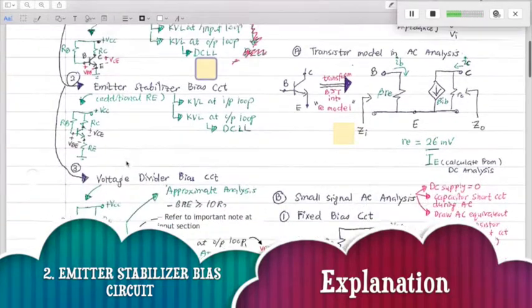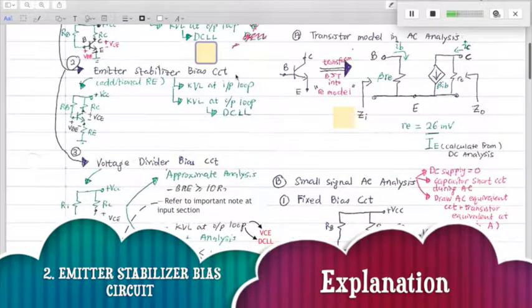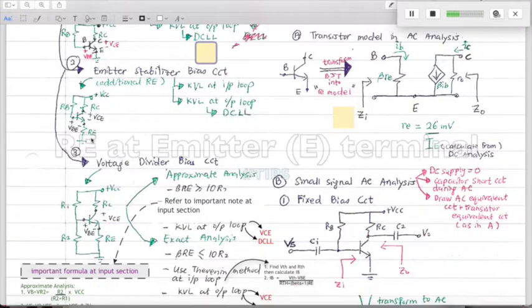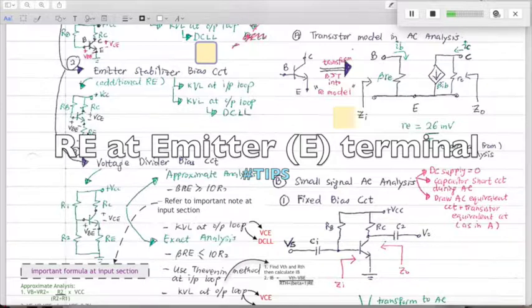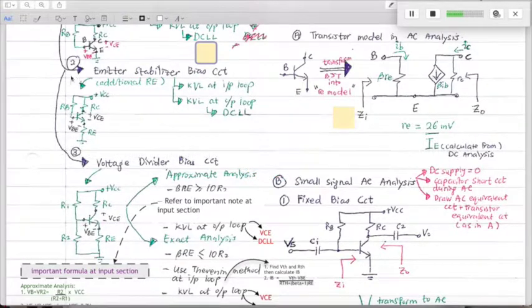Next is the emitter stabilizer bias circuit. In this circuit, we add an additional RE at the E terminal. So instead of having only RB and RC as in the fixed bias circuit, we have another resistor, RE.